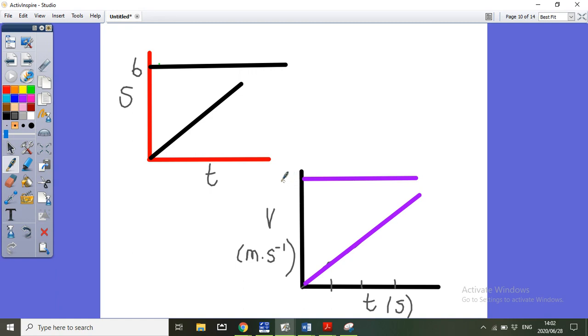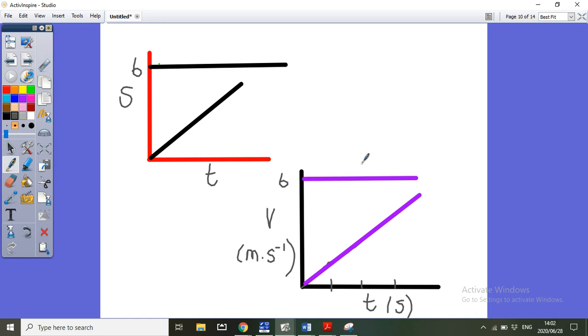But for this object, if it's going at 6 meters per second, it is moving. It is just moving at a constant velocity. So it's not increasing or decreasing its speed, but please don't say that it's standing still, because it's not. It's moving at 6 meters per second.